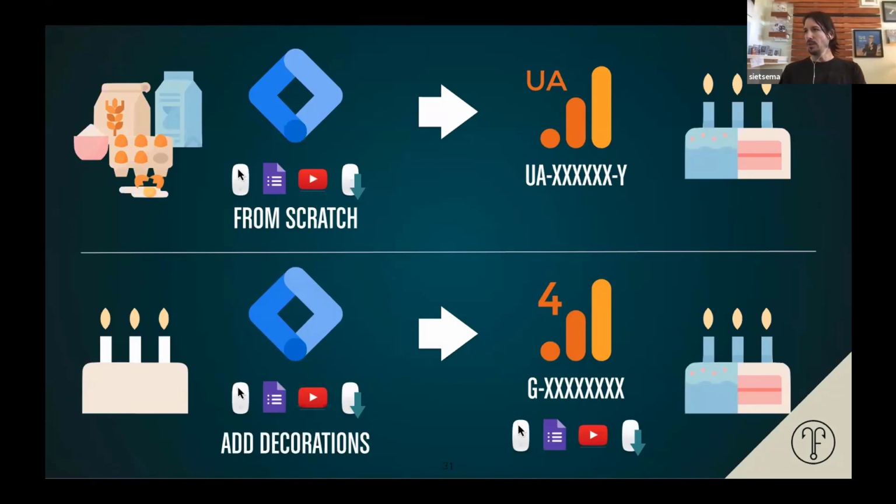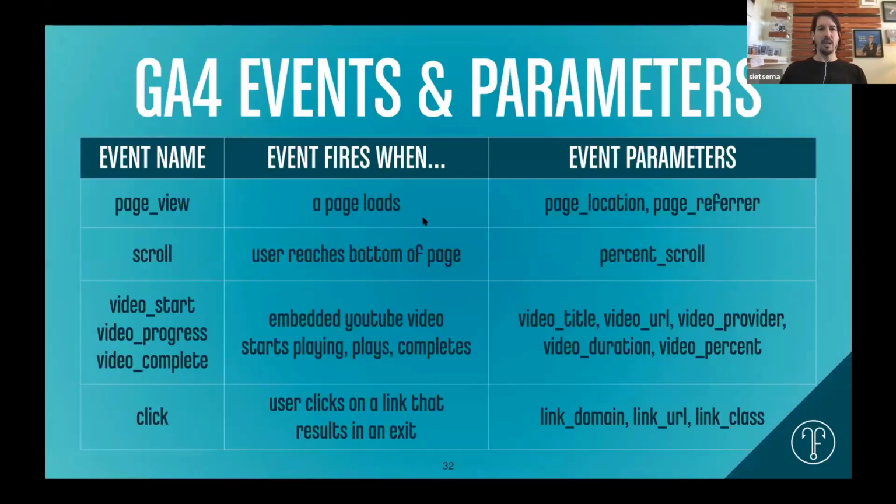All right, so in terms of events and parameters, event is like the cake, parameters are the decorations. Here's some examples. Cake on the left, decorations on the right. Event name is page view. This event's going to fire every time a page loads. And some sample parameters are what's the page location, like what's the URL, and the page referrer.